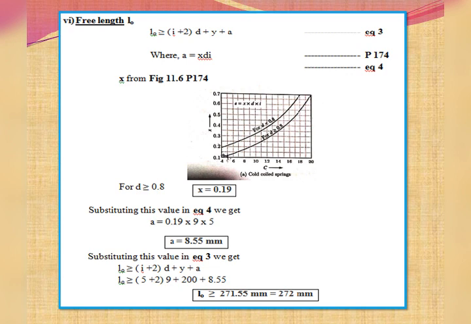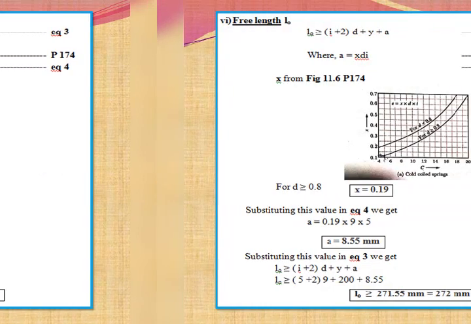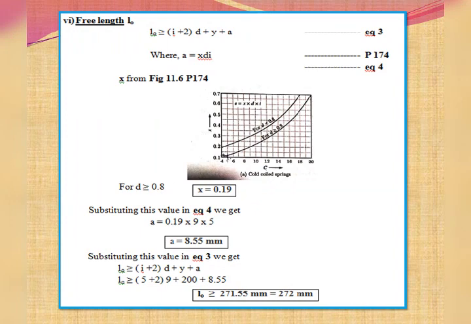Equation number 4 implies A is equal to X, that is 0.19, into diameter, that is 9 mm, into I, the number of coils, that is 5. By simplifying this, we get A is equal to 8.55 mm. Now we need to substitute these values in equation number 3.